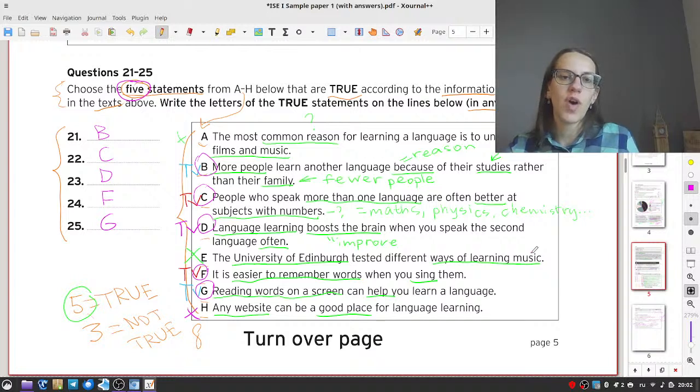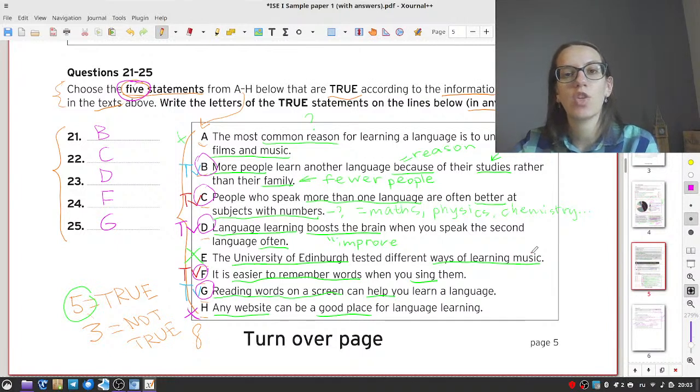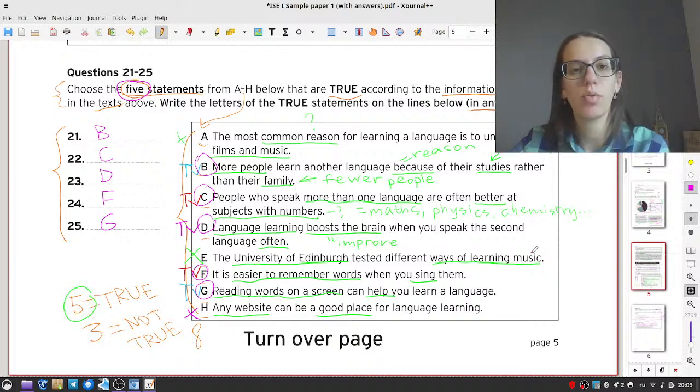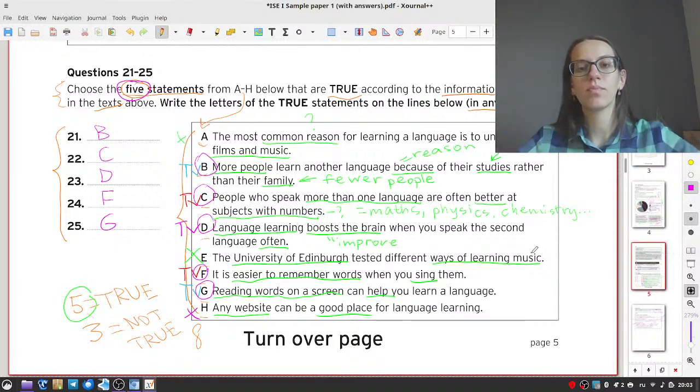You need to find 5 true statements. So you have 8 different statements and 5 of them are true. The other 3 are not true. Maybe they are not false. Maybe it's just you can't find the information in the text. You can't find the information that it's true. So only 5 of them are true.